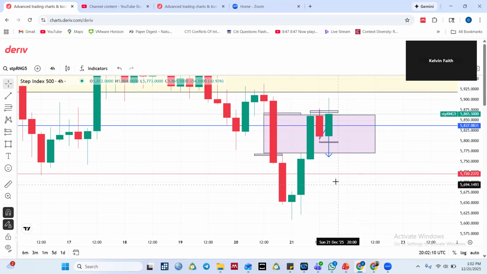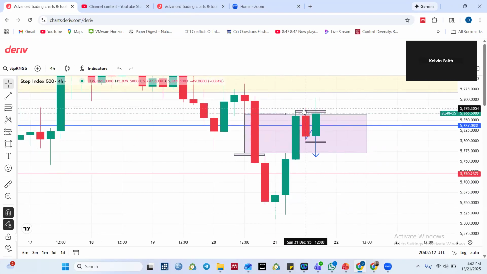Okay, but the sell reaction started taking place. Price was dropping, and it came down to another bullish fair value gap, which is still inside the bearish fair value gap. Okay, just came down here and reversed up.